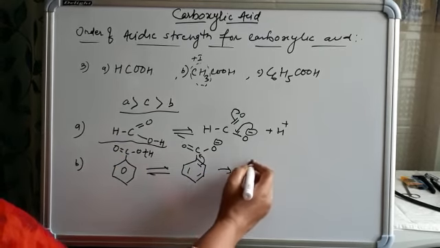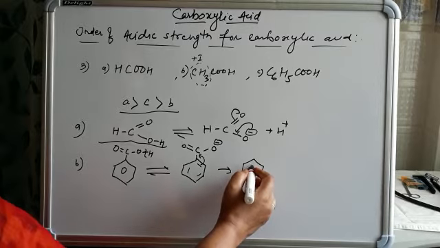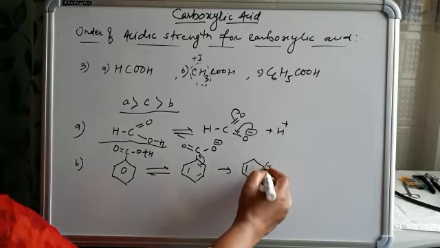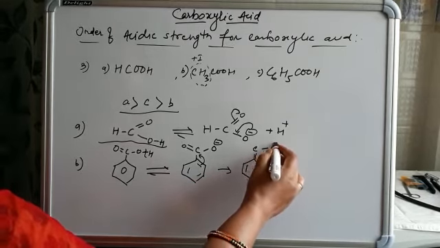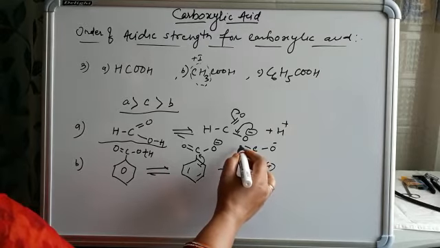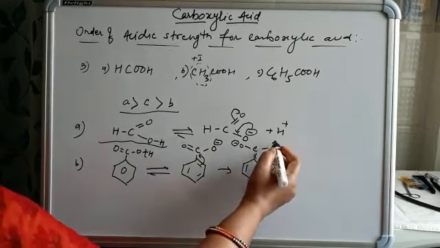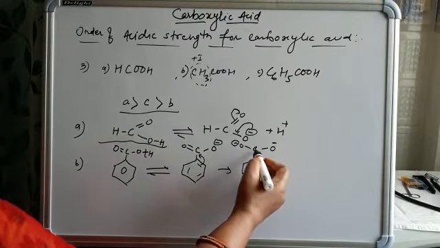So we can say that in comparison to methanoic acid, benzoic acid has less acidic character. See here, this electron does not get involved in resonance or stabilize the carbon.